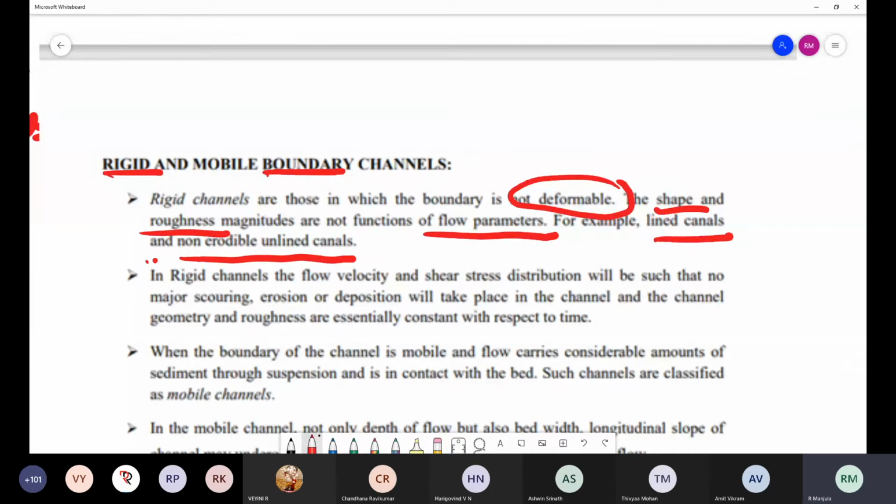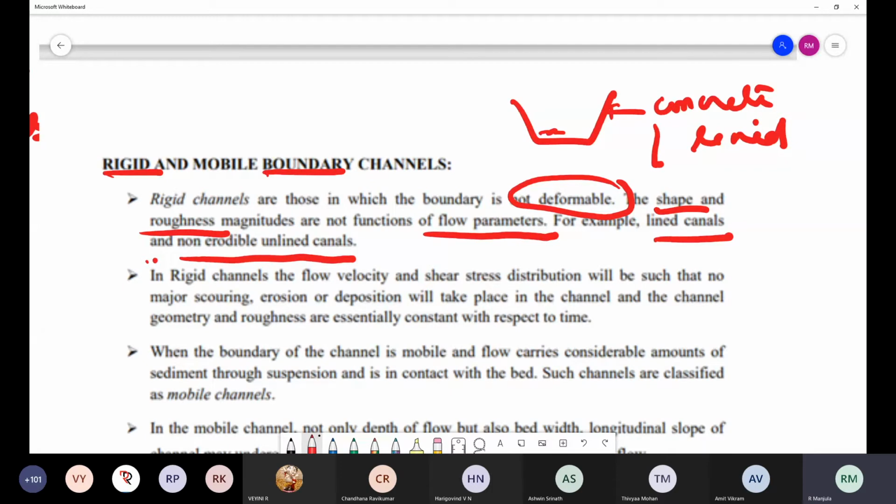What do you mean by that? The shape and roughness: suppose I am going for concrete. Lined channel means I am lining the inner base as well as sides with concrete. So this is called a lined canal. In the sense that if it is lined, definitely erosion is not possible.